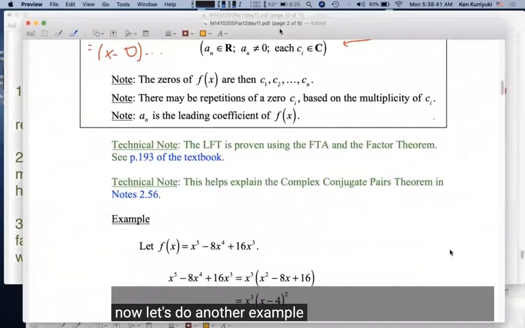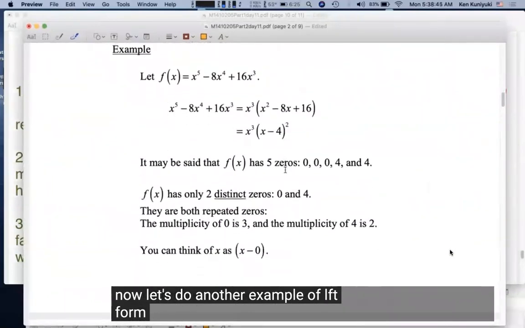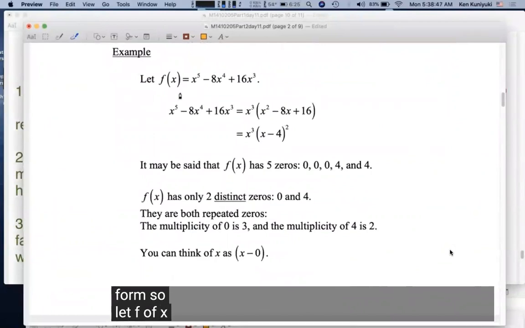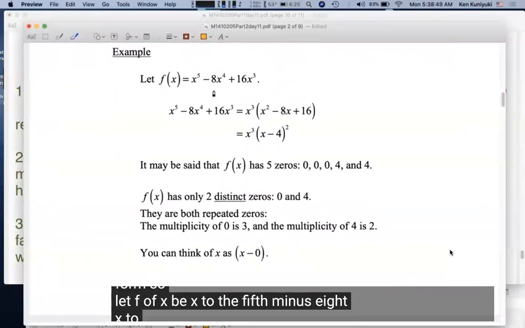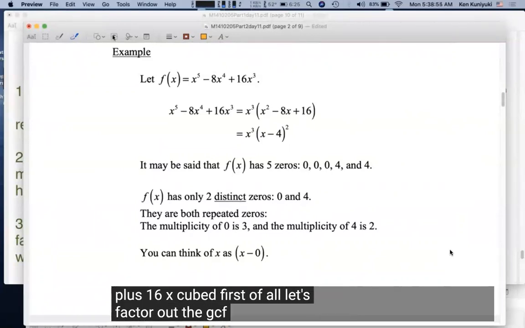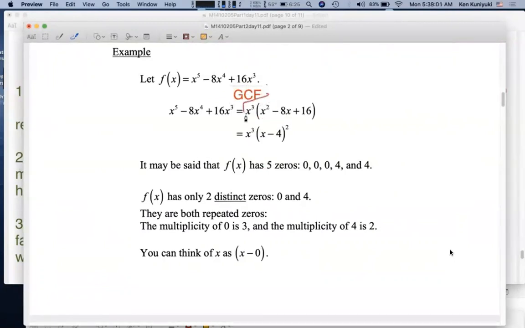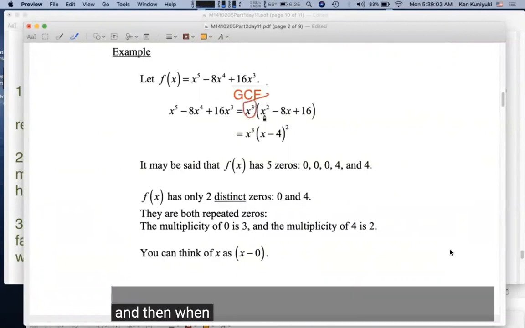Now let's do another example of LFT form. So let f of x be x to the 5th minus 8x to the 4th plus 16x cubed. First of all, let's factor out the GCF. The GCF is x cubed. And then when we factor, we divide.